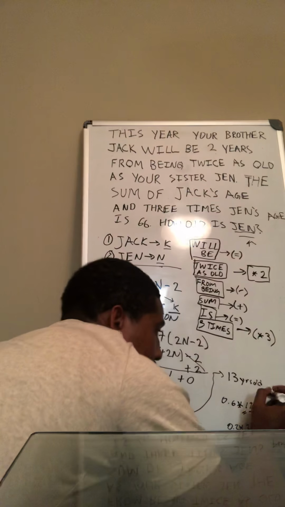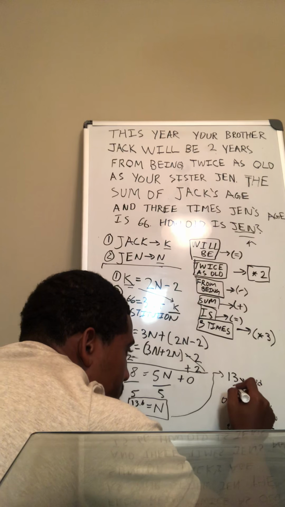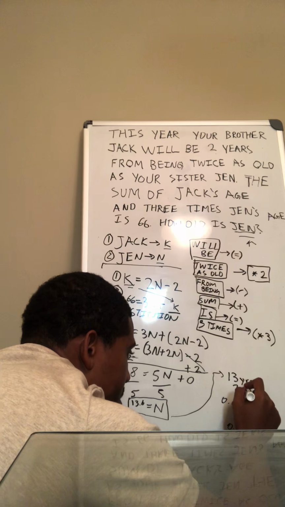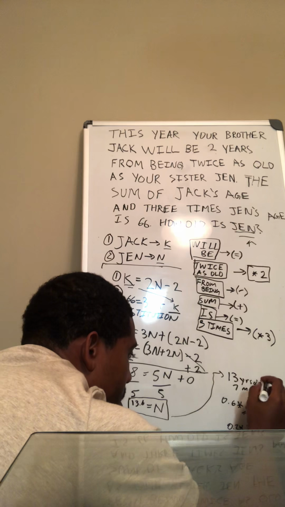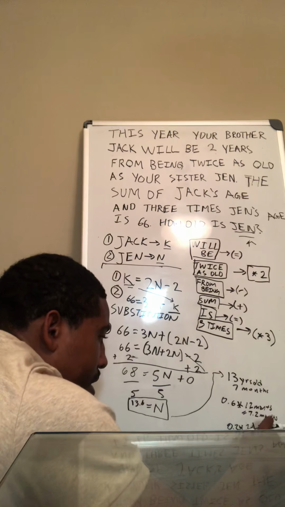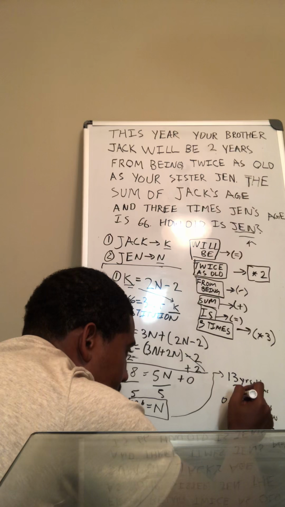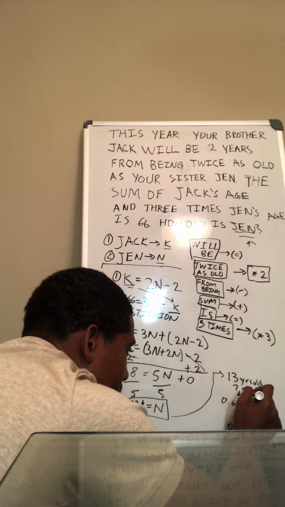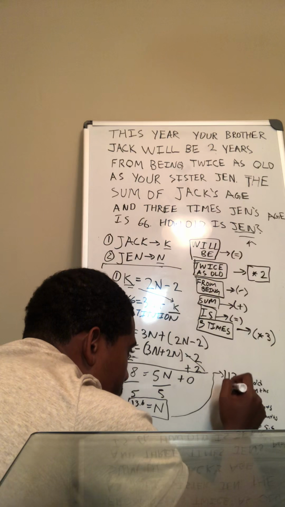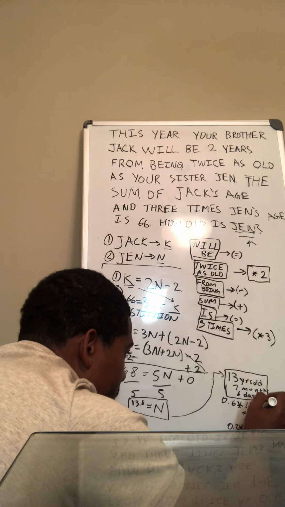So Jen is 13 years old, 7 months, and because you can't have an incomplete day, we're going to round the day up and say 6 days. So this is Jen's precise age based on the information given.